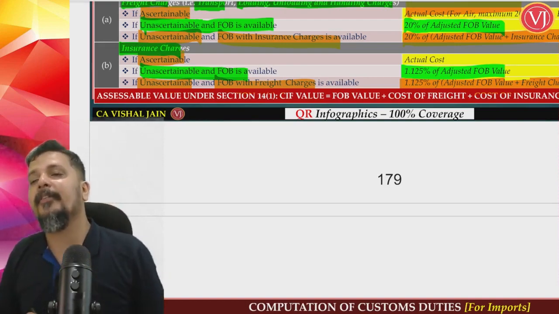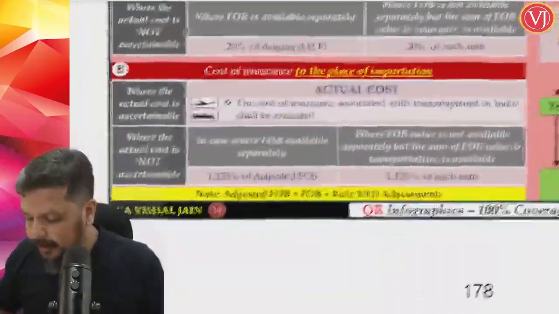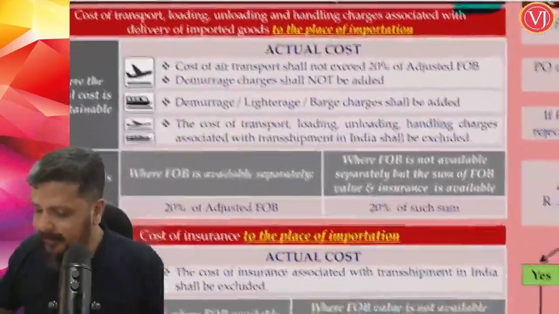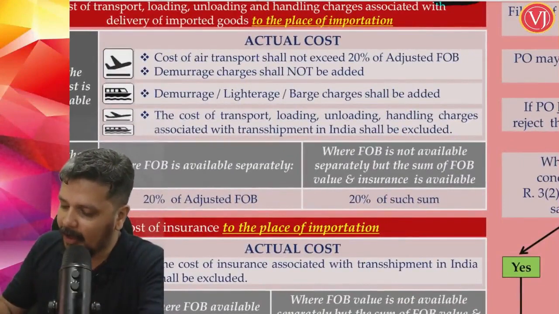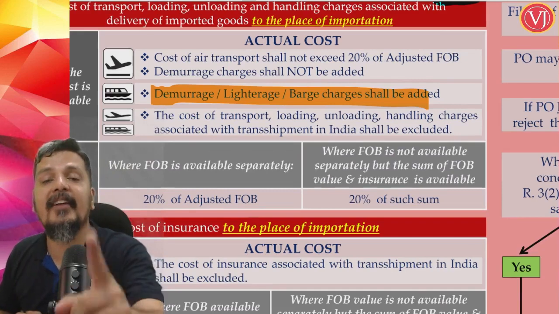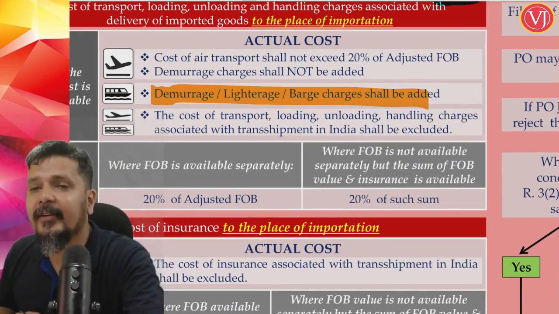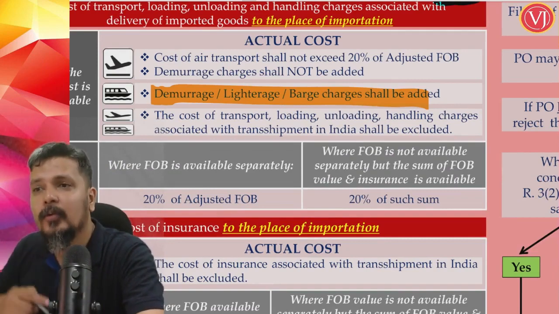A few important points in your 10(2) additions. Please understand that demurrage charges, lighterage charges, barge charges will be treated as freight. You will be adding them in 10(2).